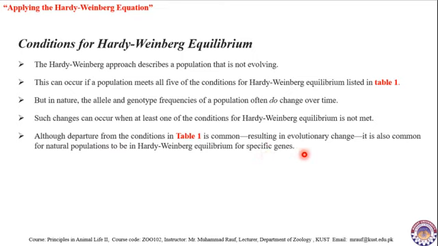An individual has several traits, and these traits are controlled by genes. They are controlled by alleles. So it is possible that for certain traits the allelic and genotype frequency will change with the passage of time, and for other traits it will not change.